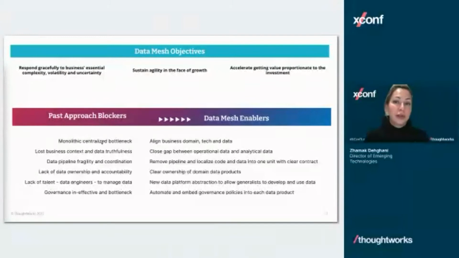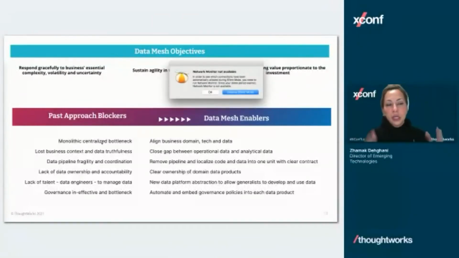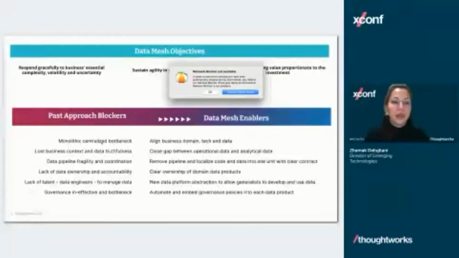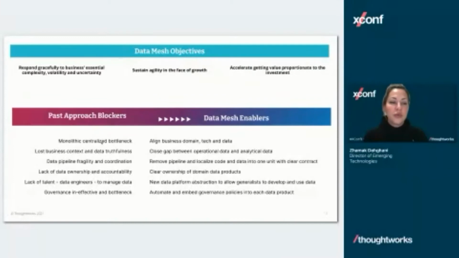So data mesh tries to address a lot of blockers. Any centralized bottleneck, let's remove that by some form of decentralization. Let's get the data closer to the source and reality. Let's remove all of this pipeline fragility out of the way. Let's bring accountability and long-term ownership to the data and treat data as a product.